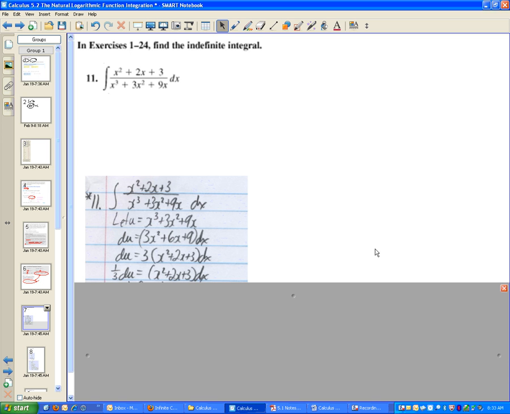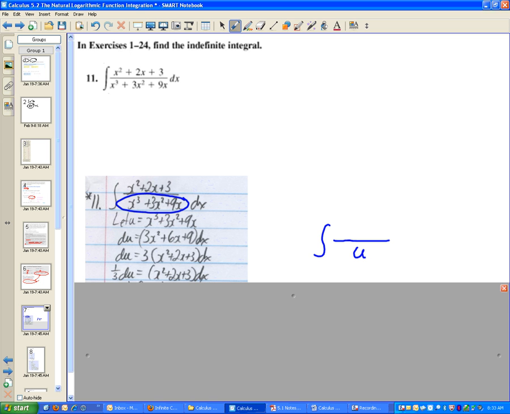Now, you just keep writing straight down your page. I'm going to write out to the side here so you can watch me think my way through this. So I'm going to do the substitution, have the integral up. First thing I'm going to do is take that denominator and replace it with u.